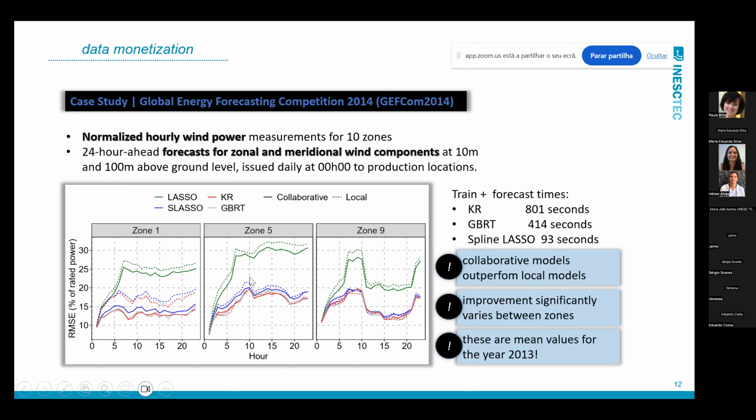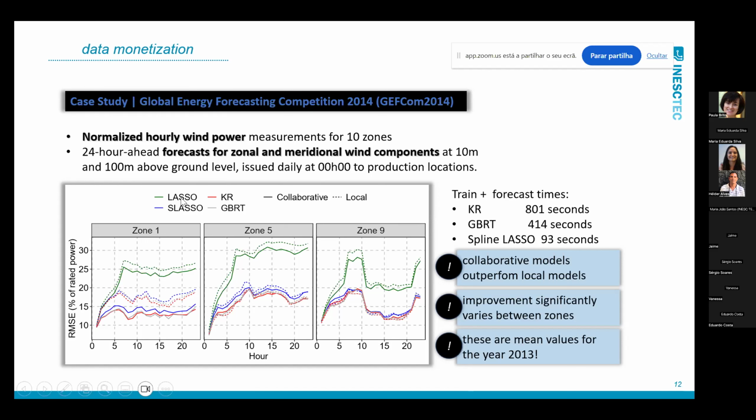And in this slide, we are assuming that using spline regression is a good way to capture nonlinear behavior, the nonlinear relations between wind speed, wind components, and wind power. And what we do here is we compare.